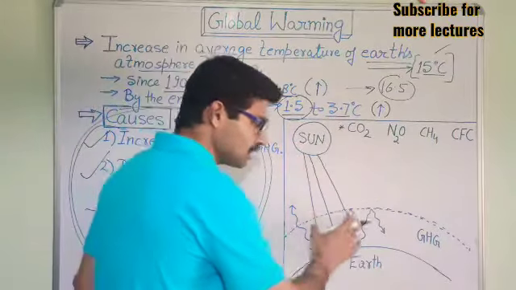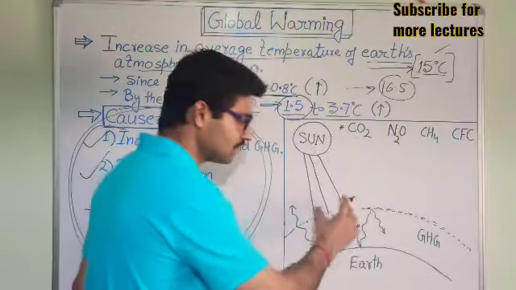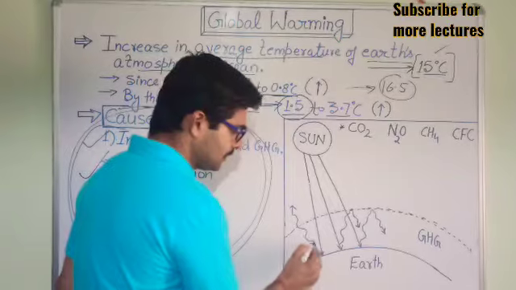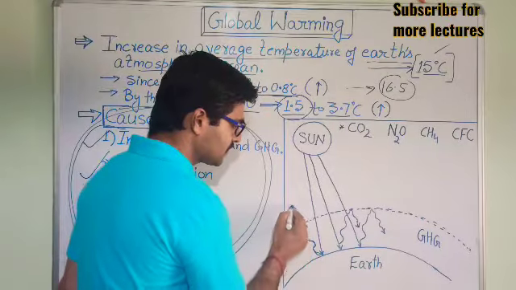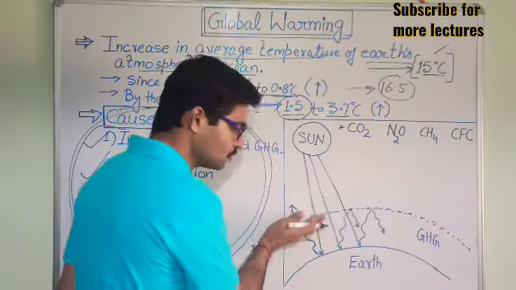The solar radiation which comes to the earth surface, some part of it is re-radiated back by the earth surface and goes out of the atmosphere.